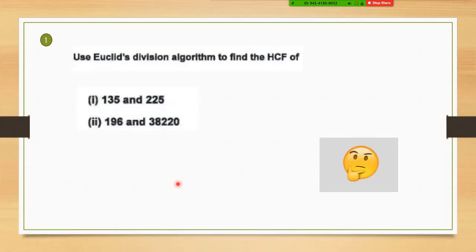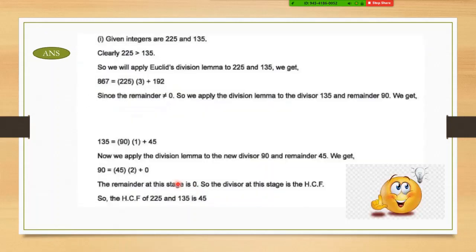Done, everybody? Yes, ma'am. Answer was 45 you got? Yeah. Here I have shown the working using Euclid's division lemma because the chapter wants us to do so. But for you, exactly for the MCQ, it is up to you.